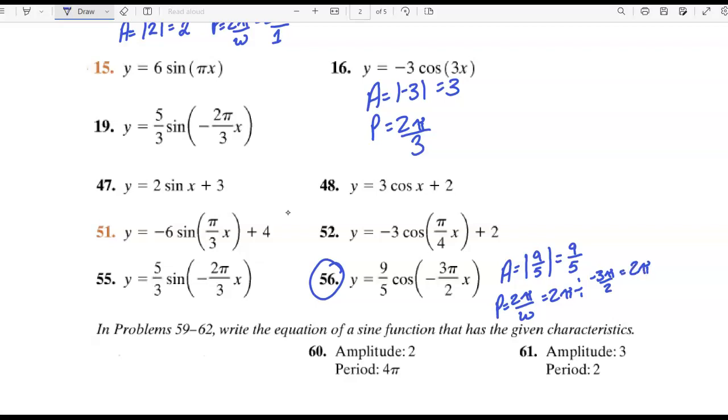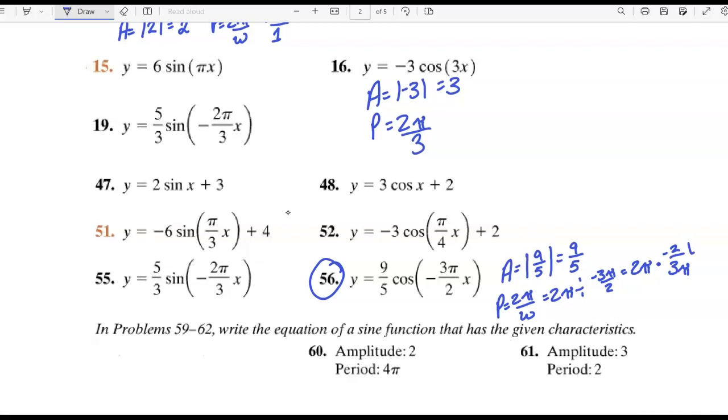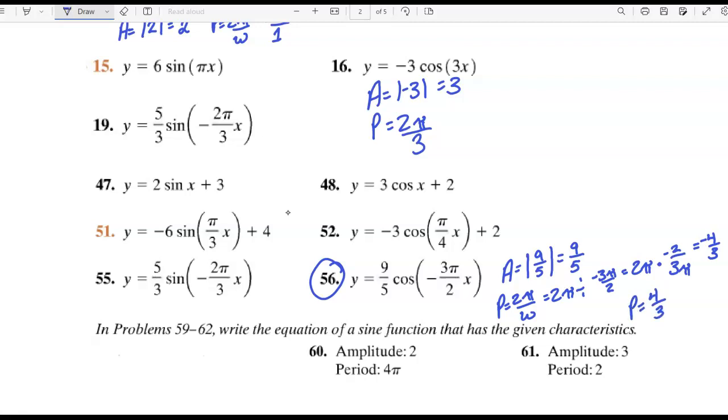So 2 pi times, we're going to get -4 over 3. And we don't think about period in terms of a negative. We're going to think about that in terms of a positive. Okay, because remember, it's how frequently it's repeating itself. It's repeating itself, in this case, every 4/3 of a unit.